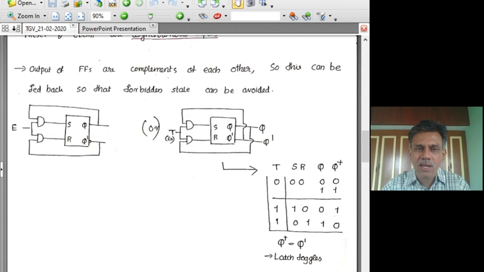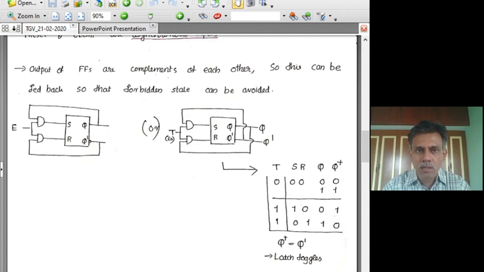Therefore, we will call this latch a toggle latch and use the shorthand notation T to denote the toggle condition, and call this a T latch.